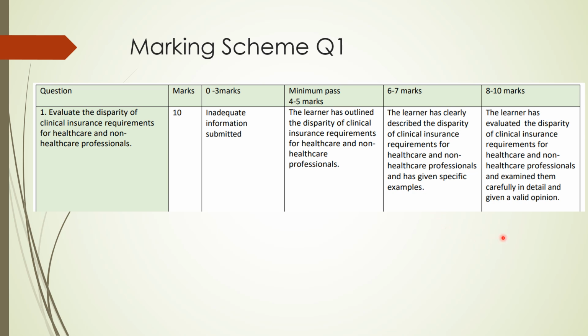And then obviously to get the really higher marks, you're going to have to show how well you have researched and examined in some detail and give your opinion. And it's got to be a validated opinion based on what you've found out and your facts. So it's important to make sure that you do your conclusion with a point in mind that is based on something valid and real.